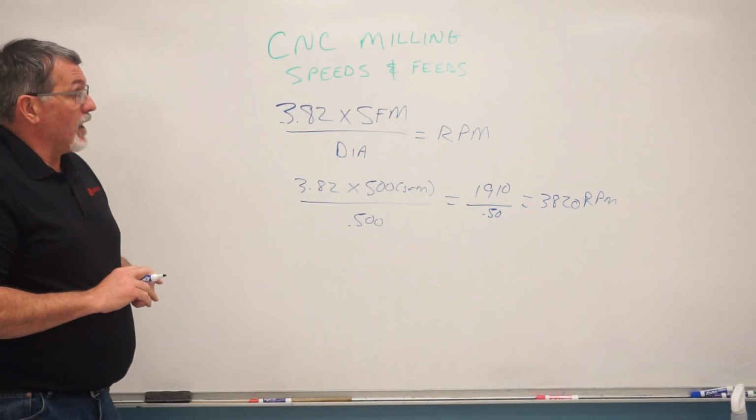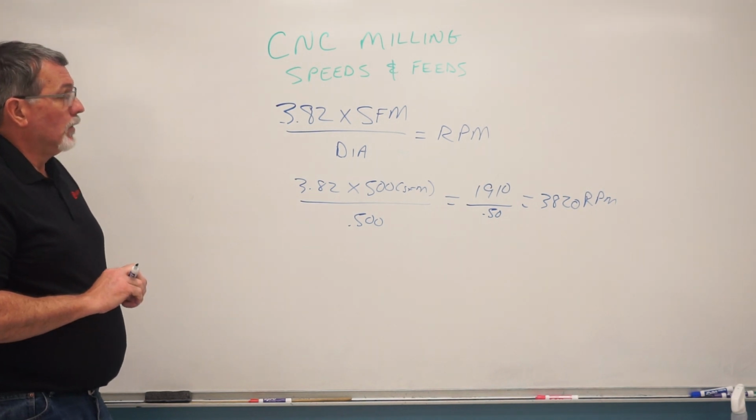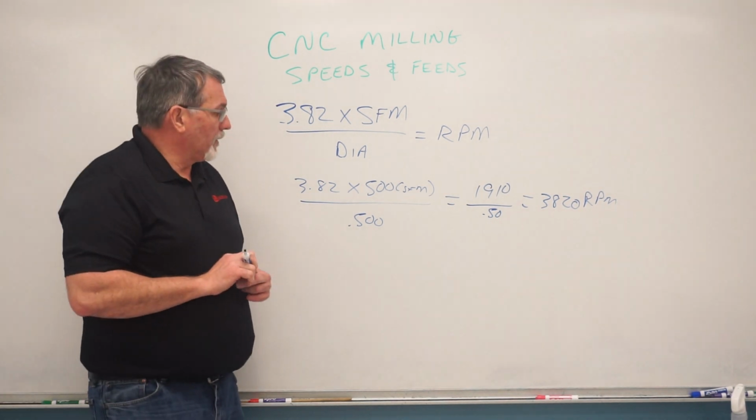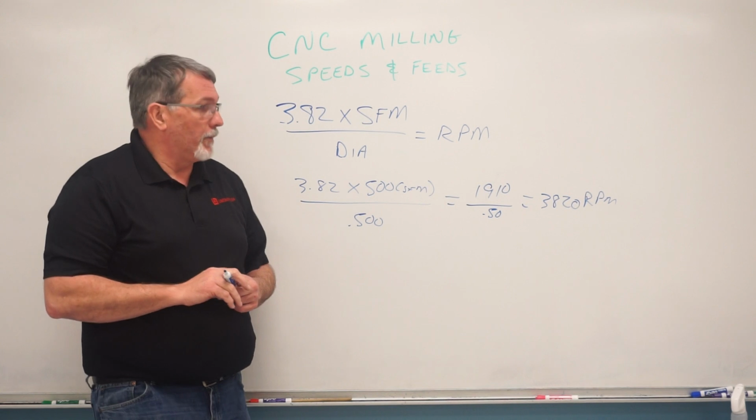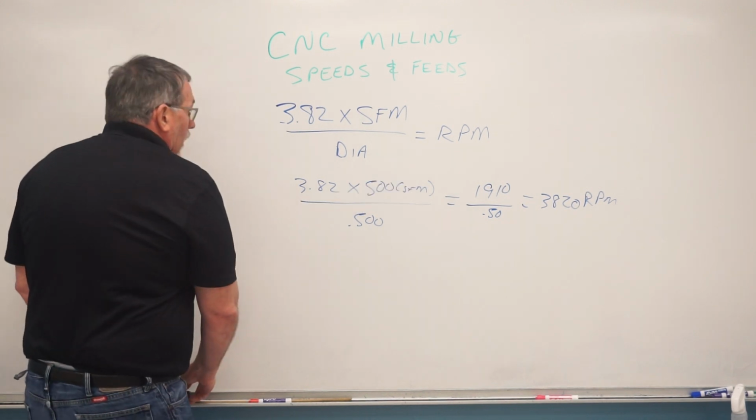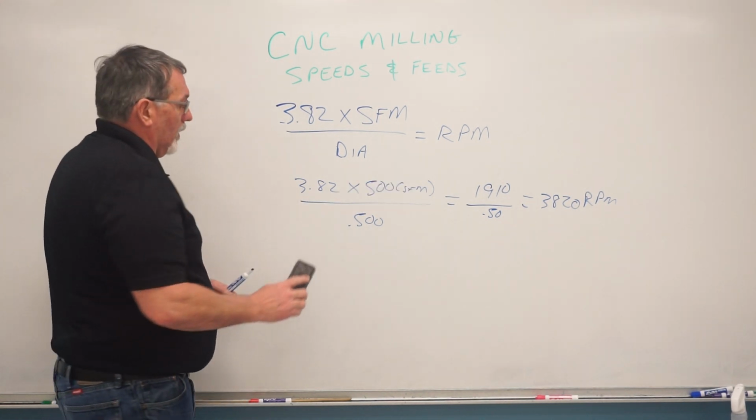So that's going to tell us how fast we turn our end mill in this application. So 3820 RPM. We're going to leave that number up there and talk about our second formula really fast.